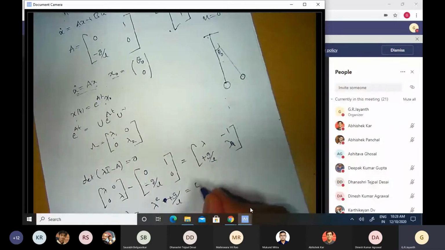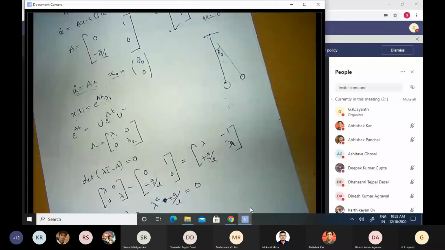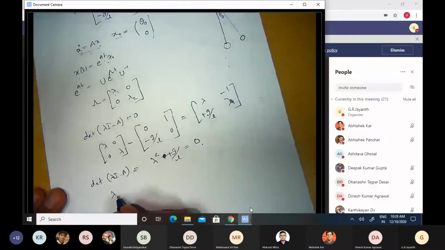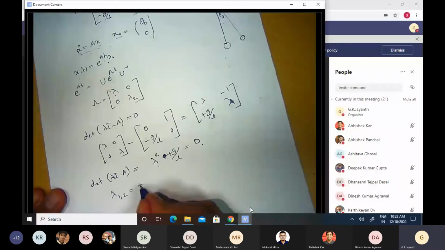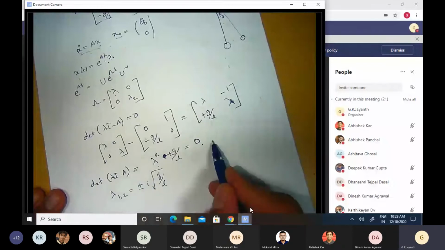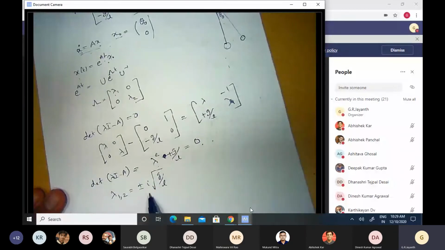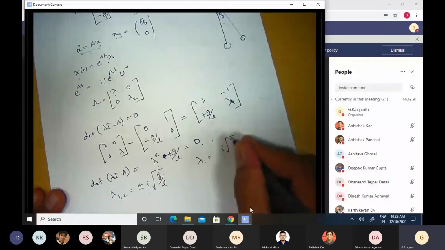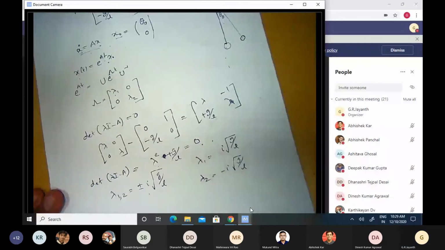Okay, determinant of lambda I minus A equal to 0 implies this particular thing, and this has two roots. Lambda 1, 2 is equal to plus or minus i root of g by L, right? Because lambda square will be equal to minus g by L, and the square root of that will give me this particular value. So lambda 1 is maybe i root of g by L, and lambda 2 is minus i root of g by L. Okay, so this is the first step.